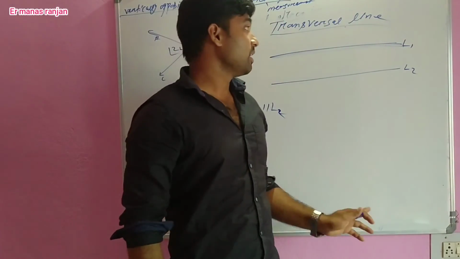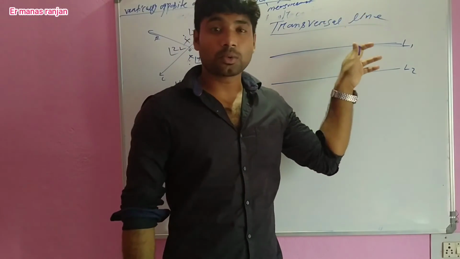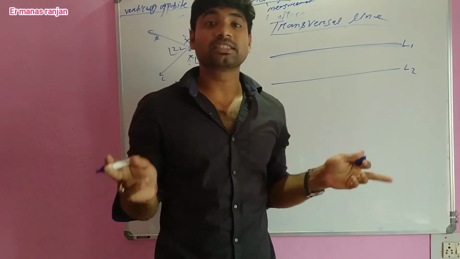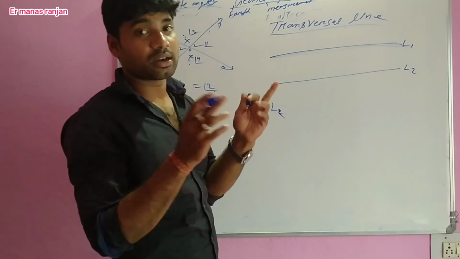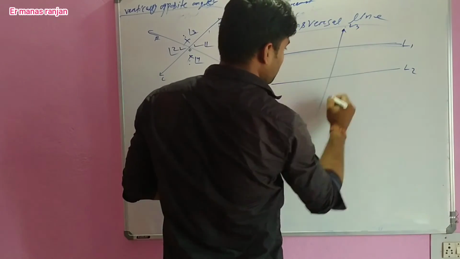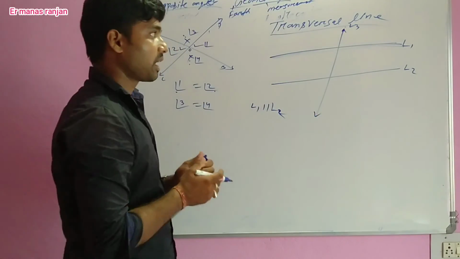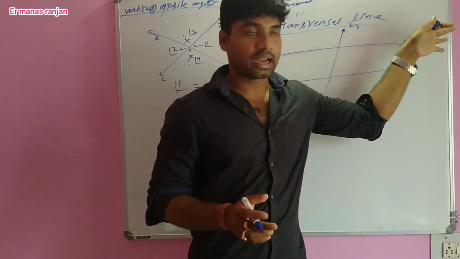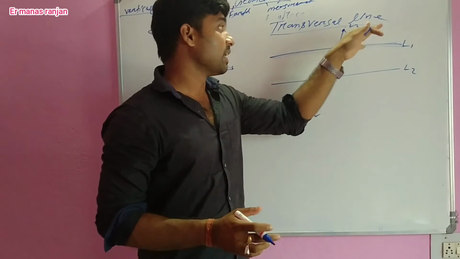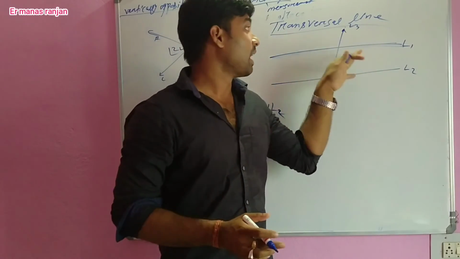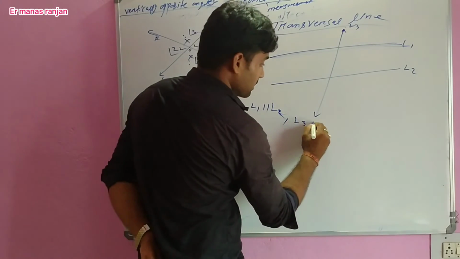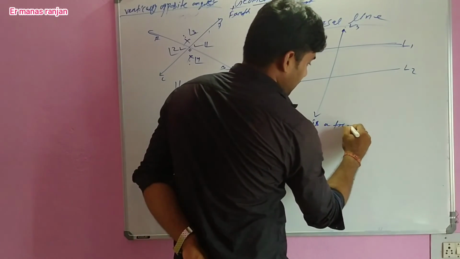And another line, L3, intersects the two parallel lines at distinct points. So what is a transversal line? If there are two parallel lines L1 and L2 and another line L3 which intersects them at two distinct points, then L3 is a transversal line.